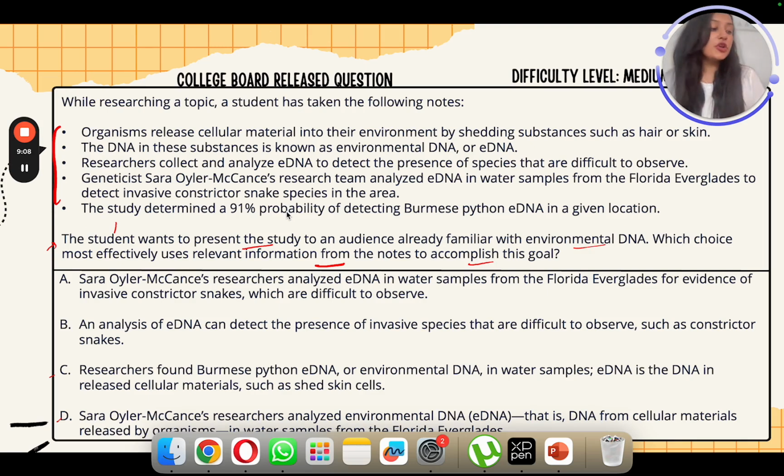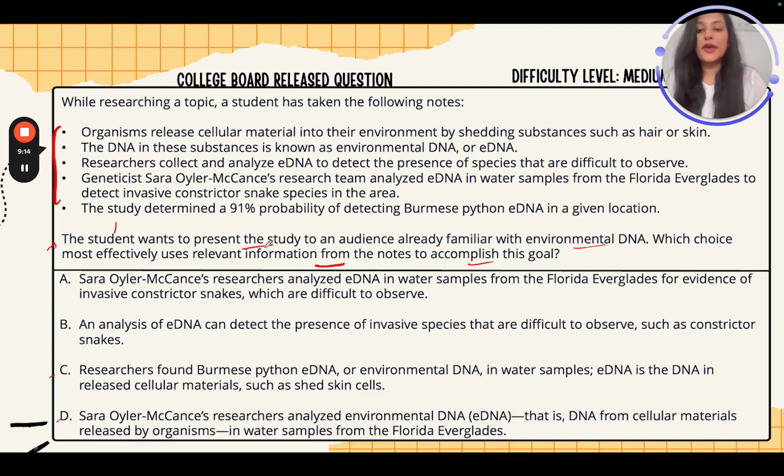But the most important thing from the question stem that we need to remember is that whichever option you pick as the right choice should present the study.